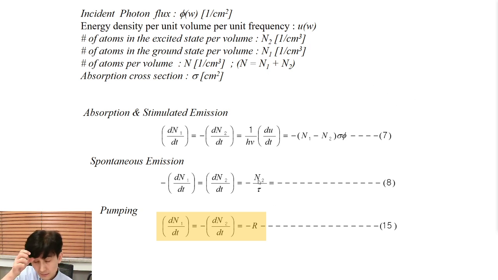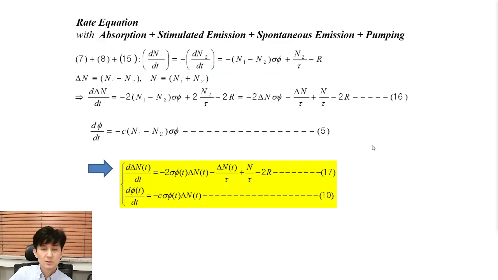It contributes a little bit, but we just disregard this small portion. So equation 5 does not change with pumping or spontaneous emission. So at the end, we have two rate equations describing d delta n over dt and d phi over dt.